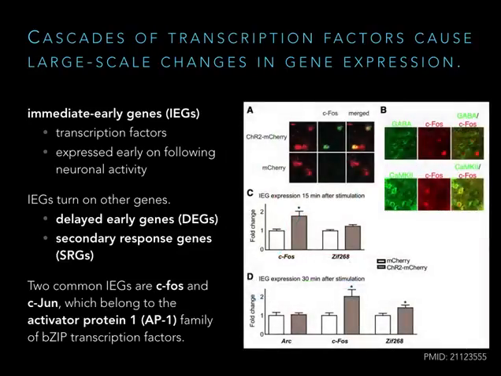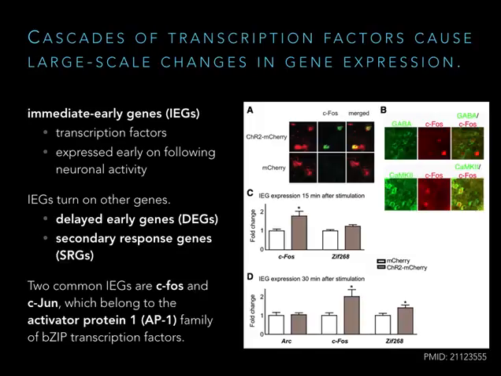And so people will often look for CFOS as a marker of neuronal activity. And that's all they're showing you here. They're showing you the fold change in the expression of different transcription factors, showing you that CFOS is strongly activated immediately after stimulating neurons.